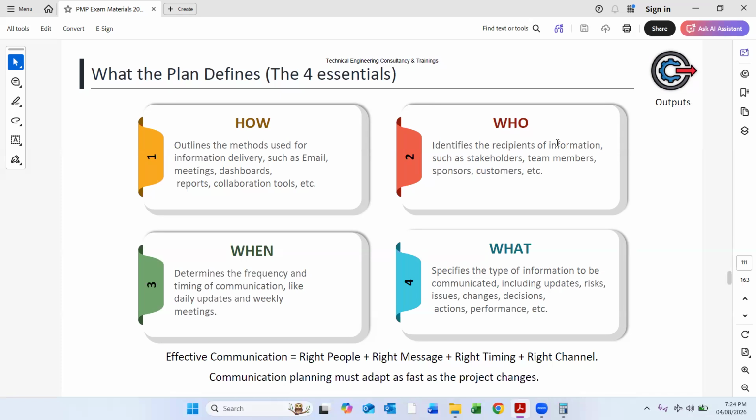So this is how we use communication with these four essential parts: how, who, when, and what. Effective communication is for the right people, delivering the right message, at the right time, and through the right channel. It's called effective communication.